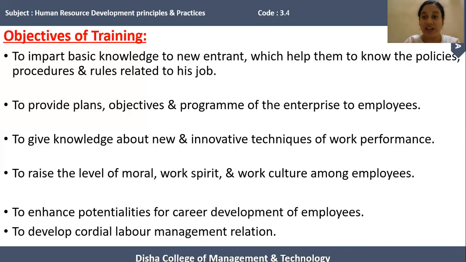Whatever strategy the organization will adopt in the near future, and accordingly whatever plans are prepared in different sections and departments, and whatever programs are prepared by the top management, can be communicated to the employees through training.